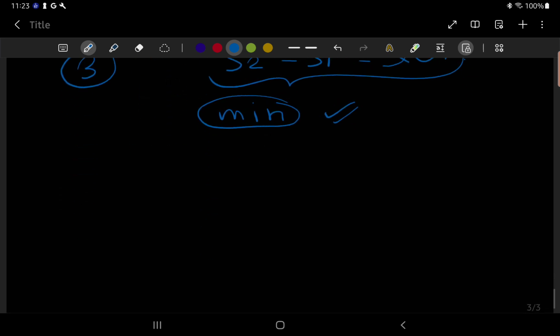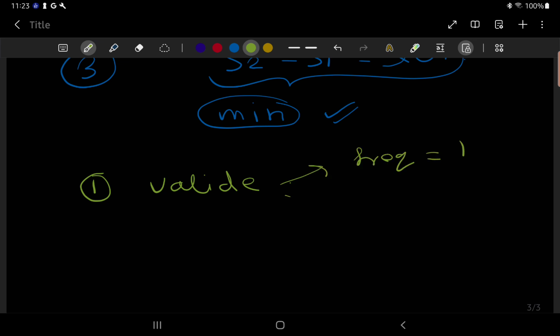So what are we finally doing? Our first part was to validate it. In validate, you're going to check the frequency should be equal to only 1, like you cannot have duplicates. Another thing was max minus min should be equal to length minus 1.